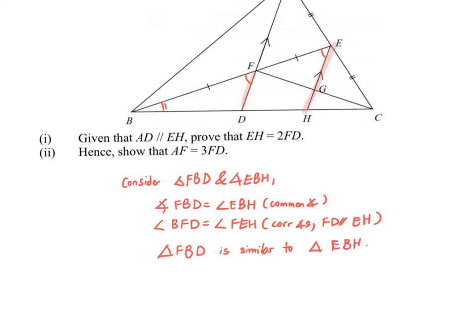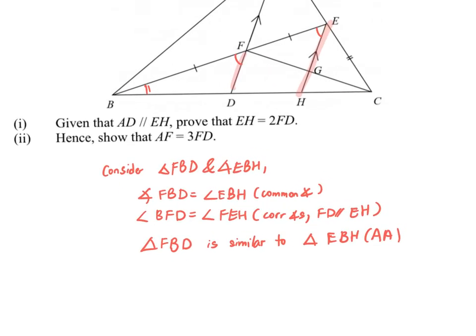Now because they are similar, we can straight away say that corresponding sides have the same ratio. EH over FD should be the same as BE over BF, and straight away you can see that because F is the midpoint of BE, BE over BF is equal to 2 units to 1 unit, which is 2 over 1.